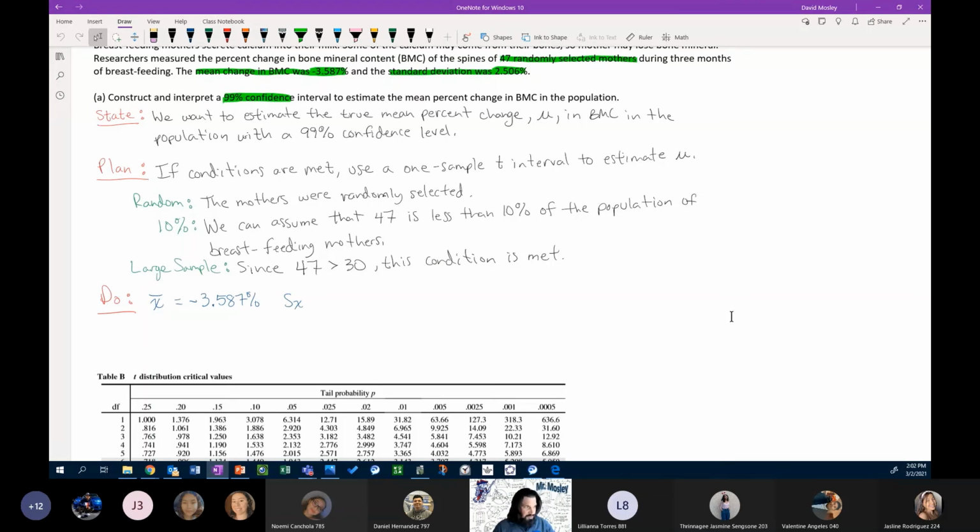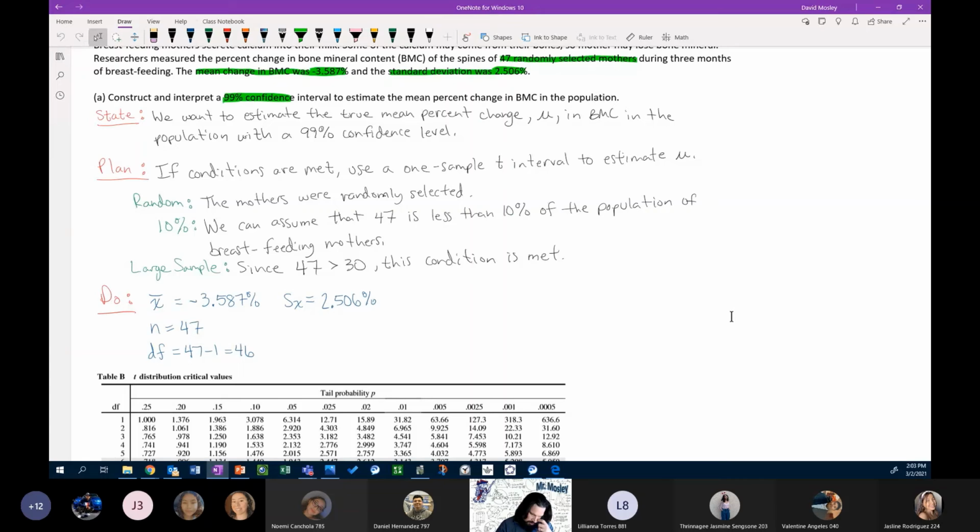And the sample standard deviation is 2.506%. Right, we need that. And the other piece of this we need, we know n, it's 47. The degrees of freedom, because we're going to need to use that on table B below here, is 47 minus 1, it's 46.